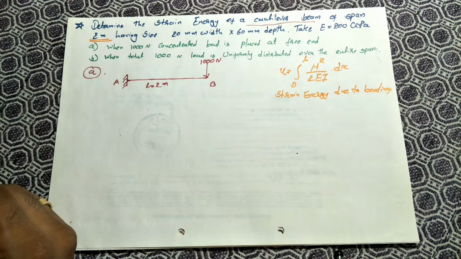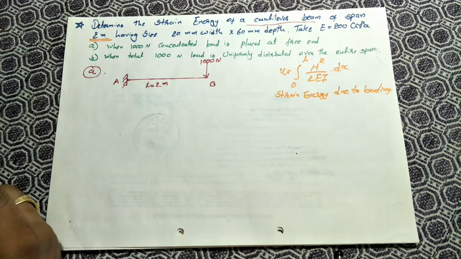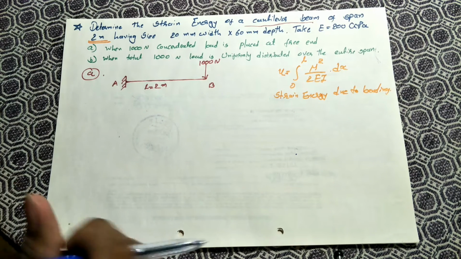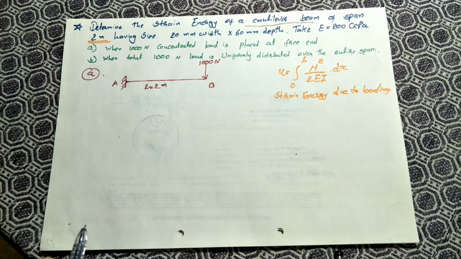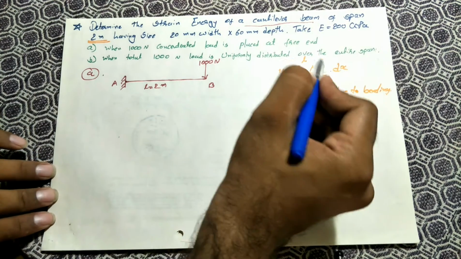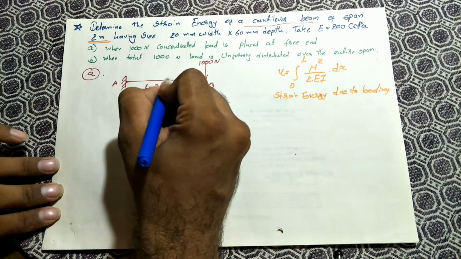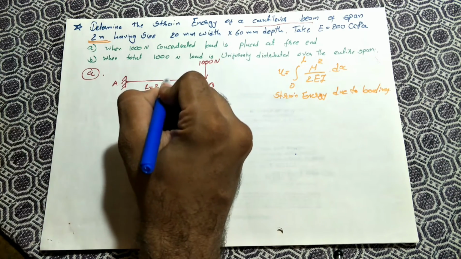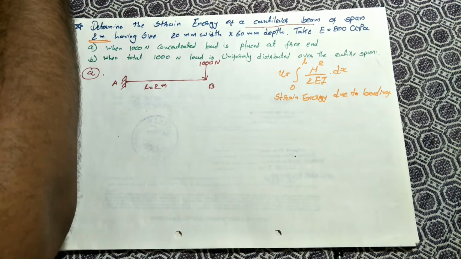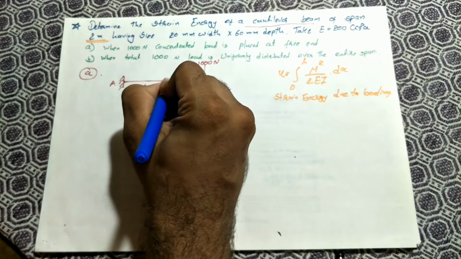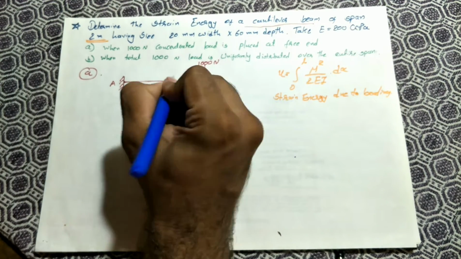So for that, we have to assume a certain distance x for the calculation of M at distance x. So let us assume that distance is over here.